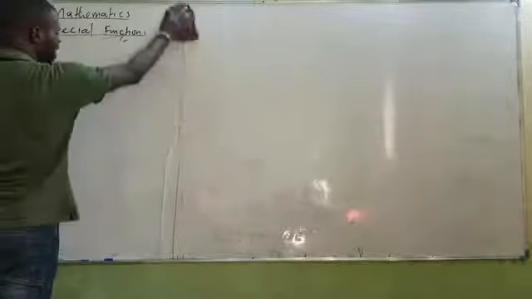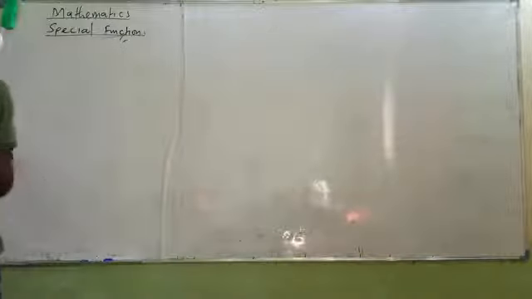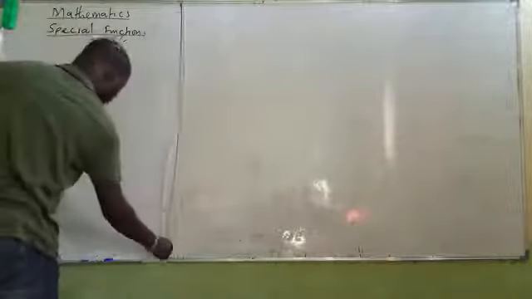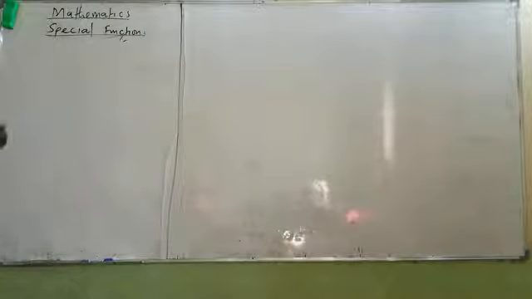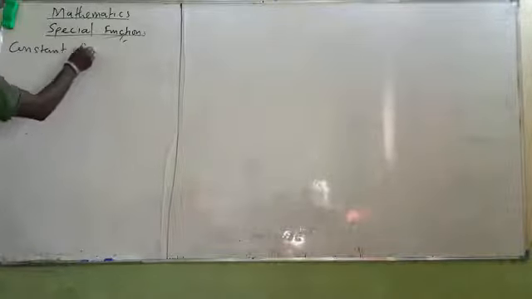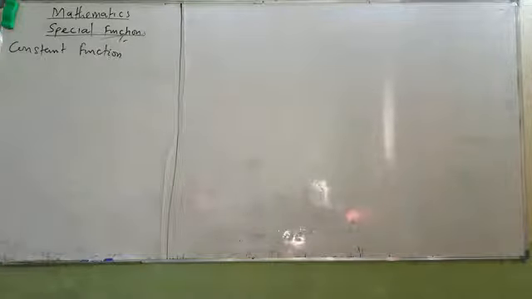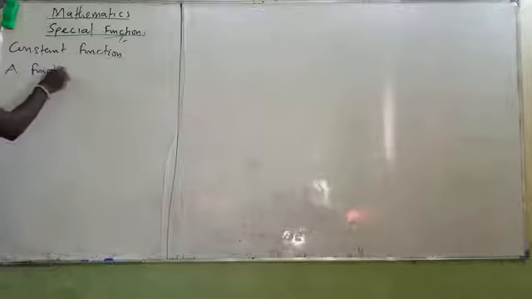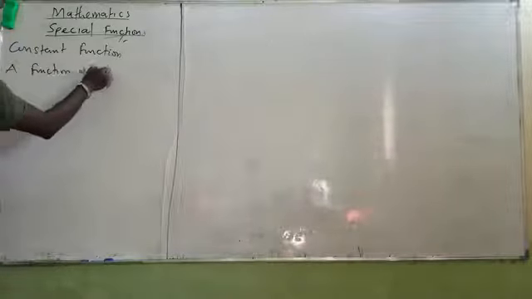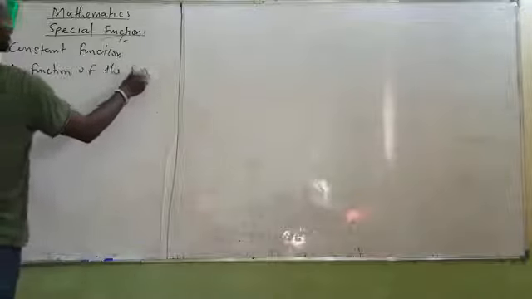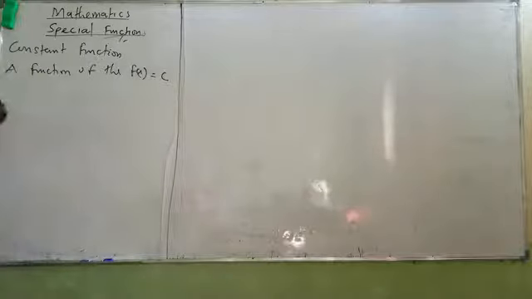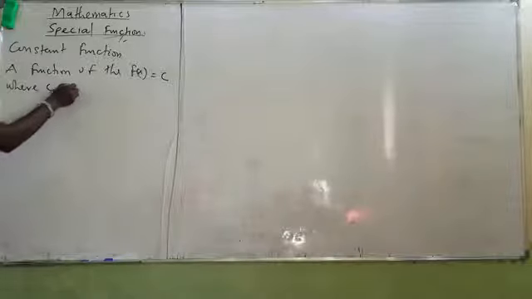The first one we are going to talk about is the constant function. I've explained that to you. A constant function is a function f of x equals c, where c is a constant.